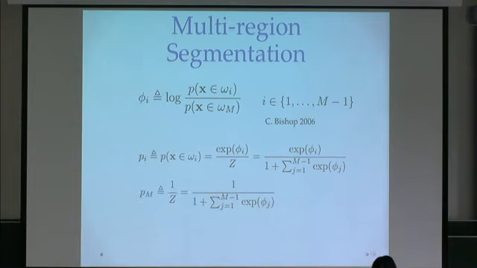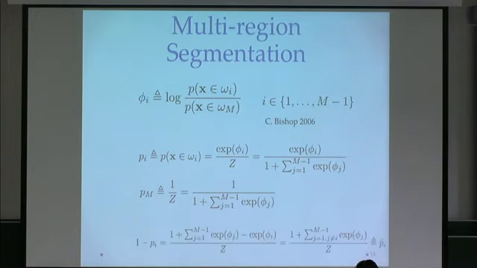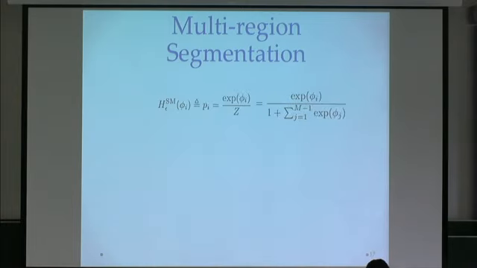Now we can do the same for the Heaviside that is represented by the background. And if you look, 1 minus p i gives this formulation, which I define here by p bar. So this is our Heaviside function.